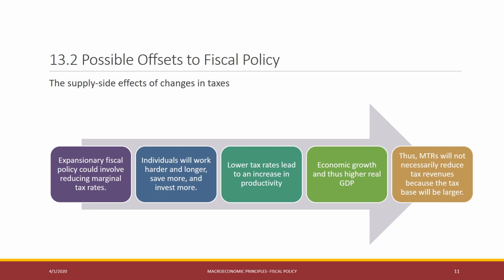They will feel that if they work harder, they can save more and invest more, and when they invest more, there will be an increase in productivity that will lead to economic growth, because now the money will be invested in different types of equipment, furniture, capital goods, all those things that lead to more production, and that will help enhance the economic growth.